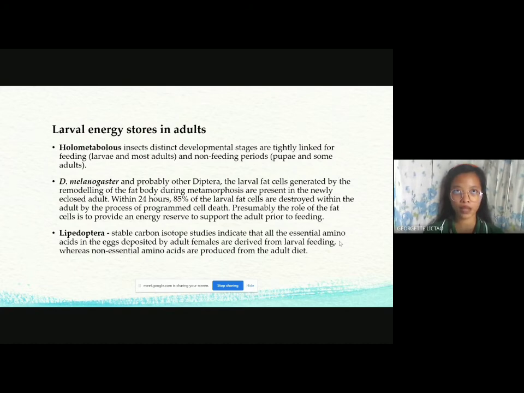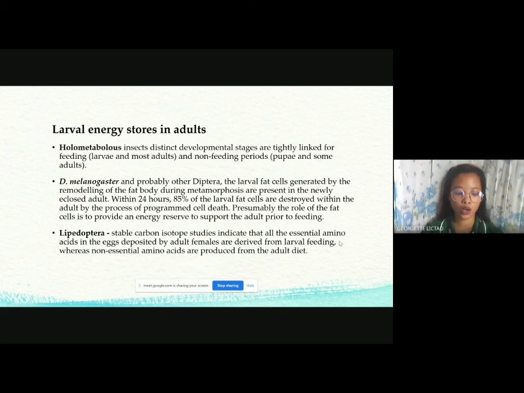Some typical holometabolous groups are the Coleoptera, which are the beetles, and Lepidoptera, which are the moths, butterflies, and skippers. And Hymenoptera, which are the sawflies and wasps, the ants and bees.